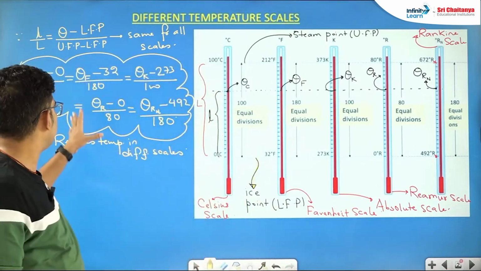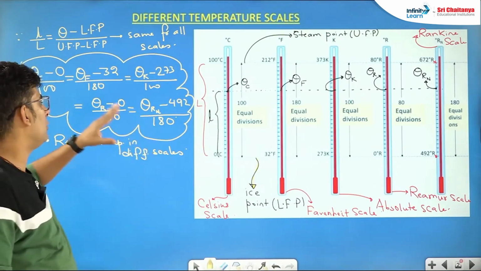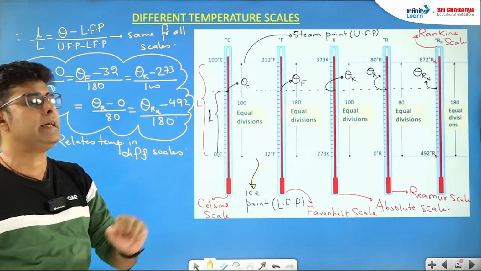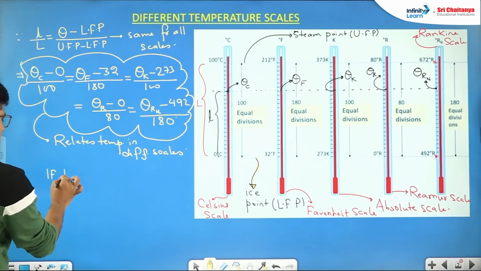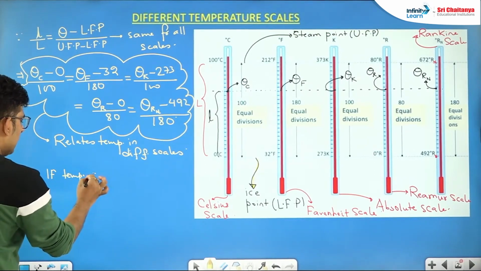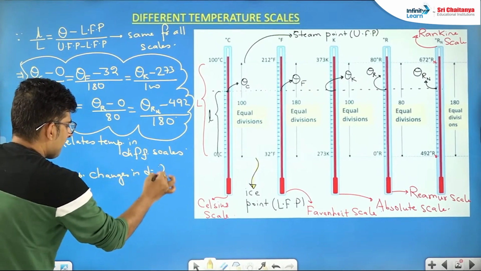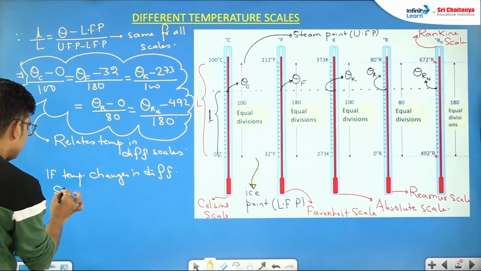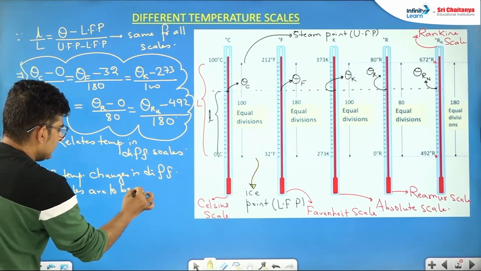They are asking here for temperature relation, but what if they ask you what is the relation between temperature change in different scales? We will see example of that also. So if temperature change in different scales are to be related.